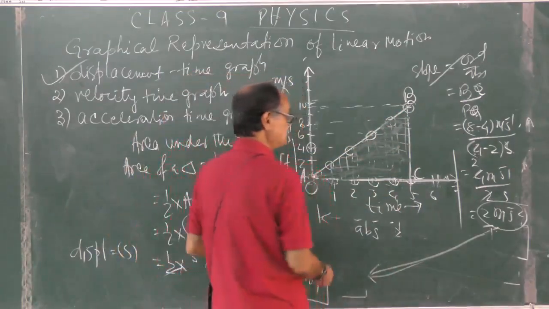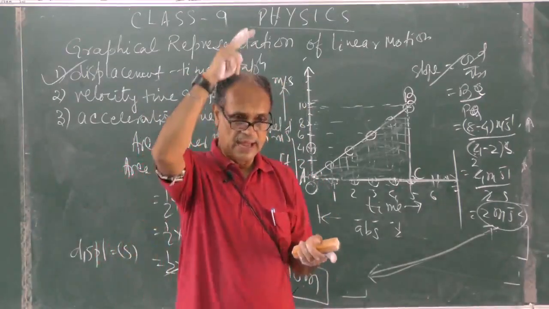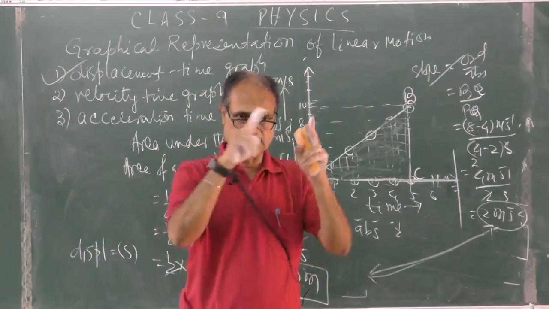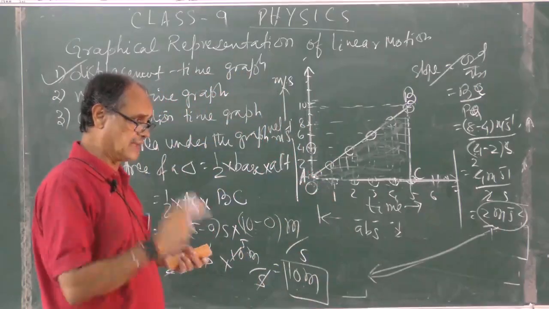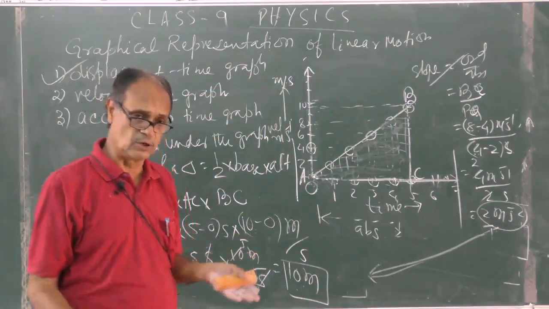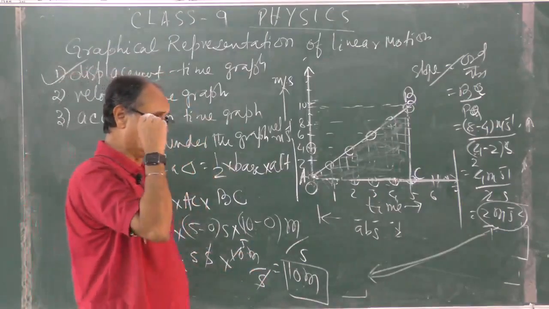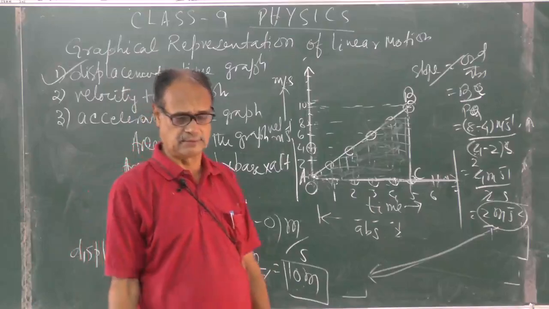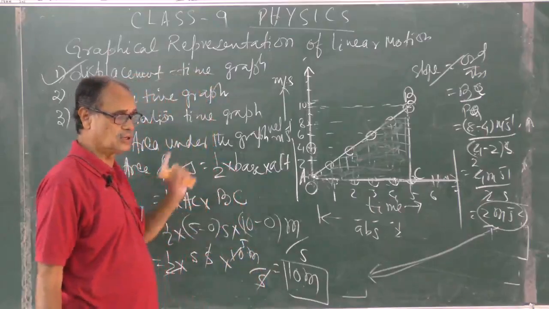It may be a trapezium if it is acceleration, uniform motion and retardation. So the formula for trapezium, the formula for triangle and the formula for rectangle you must learn. That is a geometrical formula. Simple geometry. The area of a rectangle you find by length into breadth. Triangle you find by half into base into altitude.